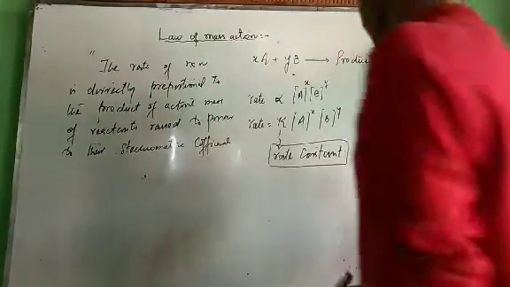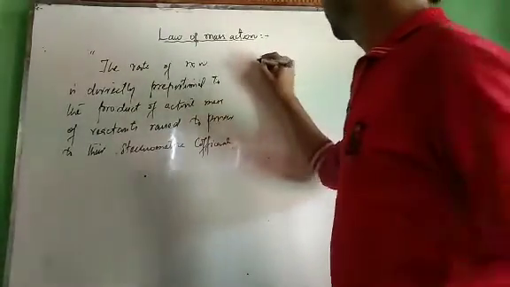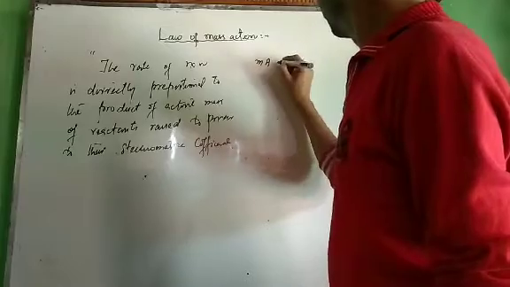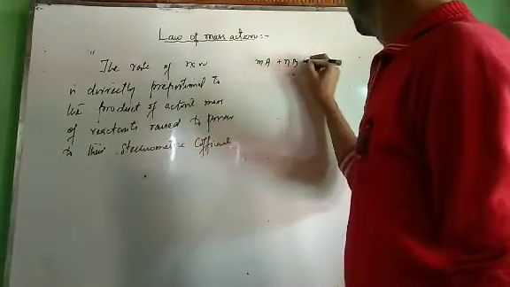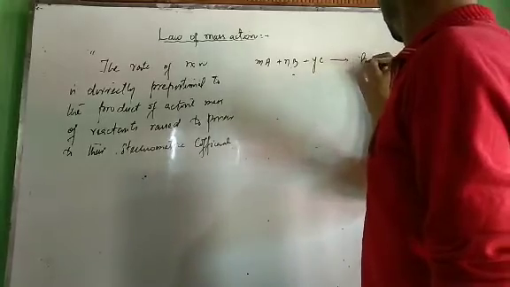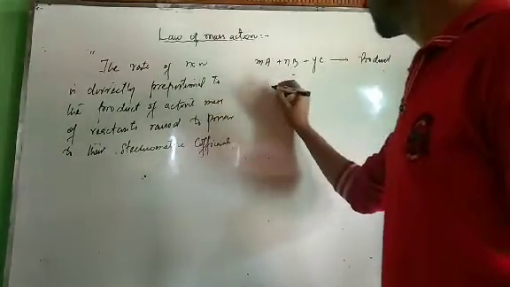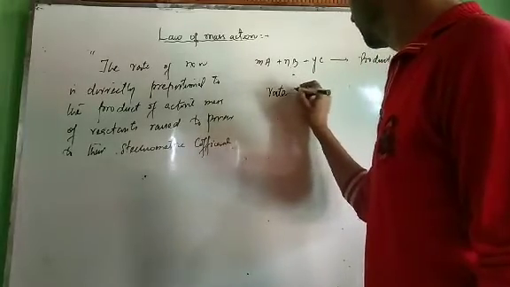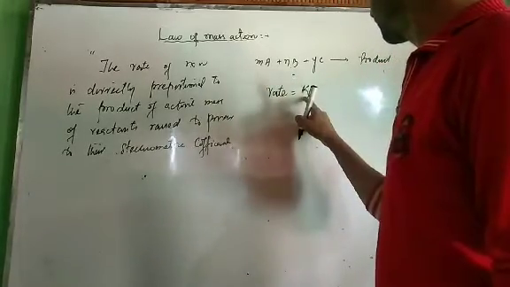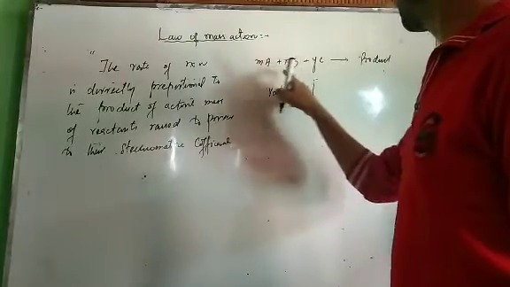Now let us take one more reaction and apply the law of mass action to that reaction. For example, we take m times A plus n times B plus y times C gives products. We have to apply the law of mass action to this. According to the law of mass action, the rate of this reaction will be equal to the rate constant, that's the proportionality constant, into the product of concentrations of reactants.